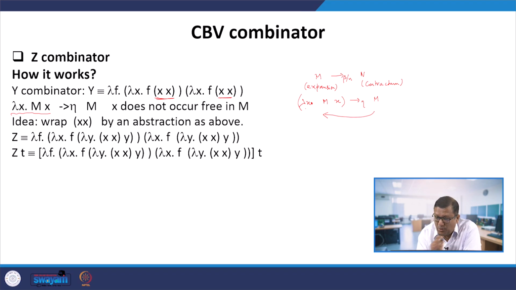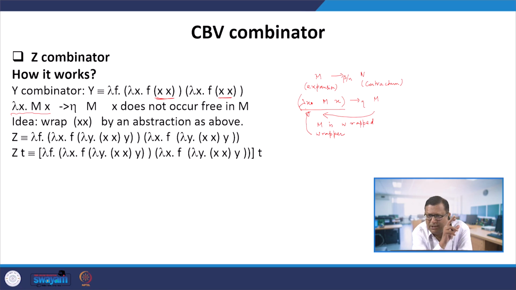So we can say m is wrapped in the expansion, and this is a very nice term for us, called a wrapper. The expansion of the eta reduction is a wrapper in the sense that it wraps m in such a way that unless an argument is fed into it, we cannot evaluate m.